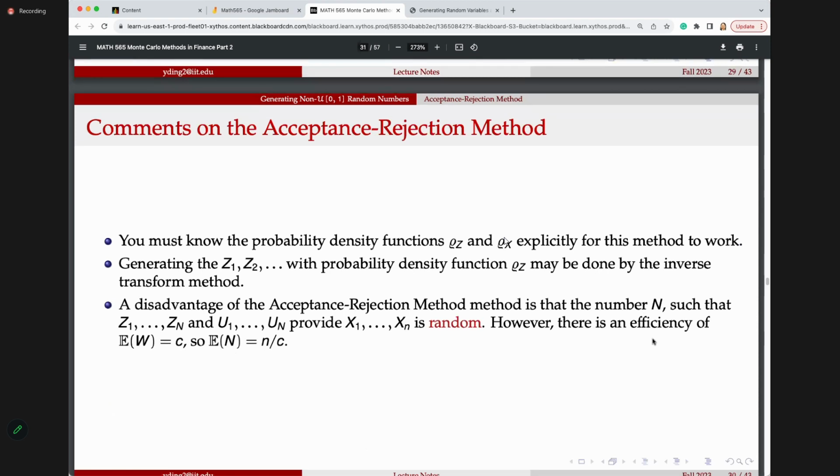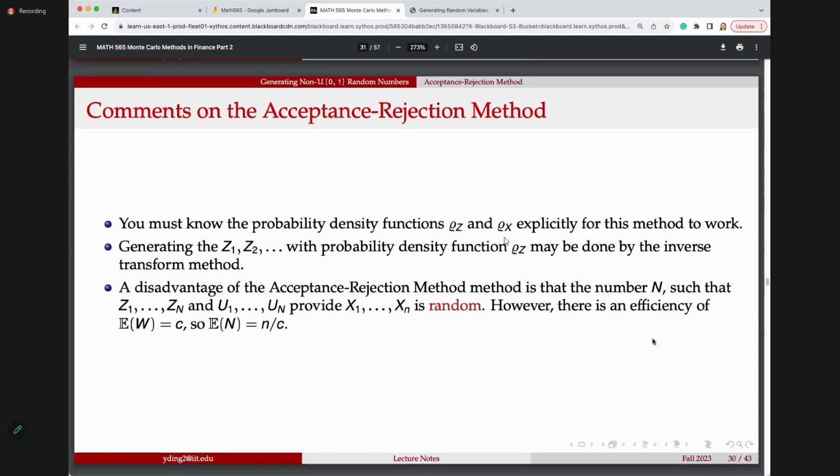So let's see. Here we have some ideas, just as Xia mentioned: how do you know the density function? You have to know it, otherwise you cannot get it. We need to know both density functions. One is the one you want to generate.